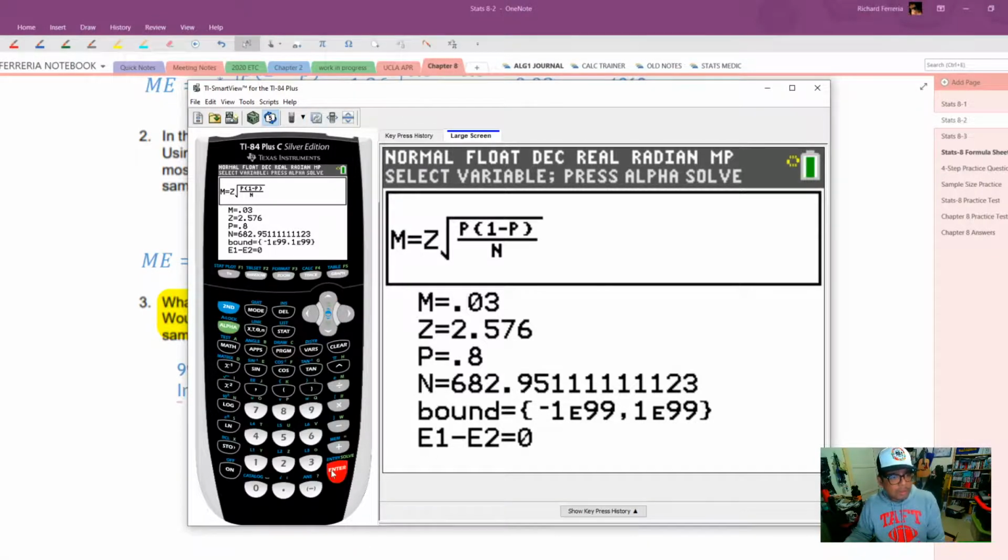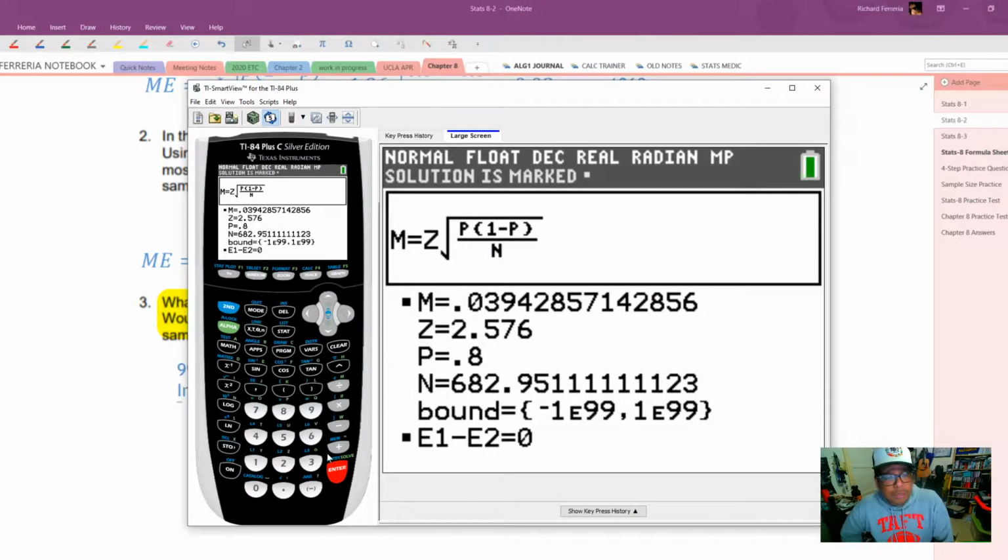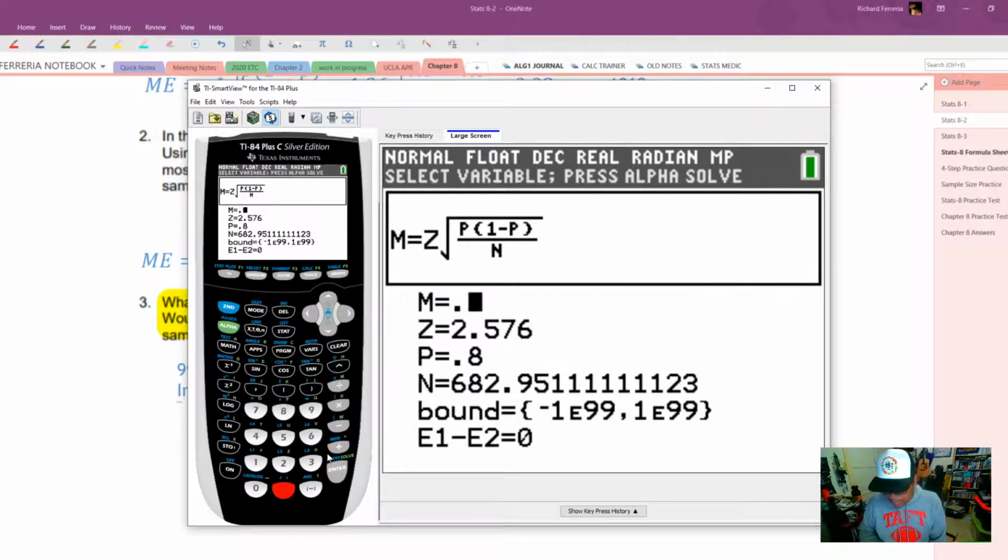So we're going to change the margin of error to 0.039. But if I want to keep it at 0.03, then now I'm going to look at what happens to the sample size. So it was at 682, and now it's going to go back to 1179. So it's got to increase quite a bit, actually.